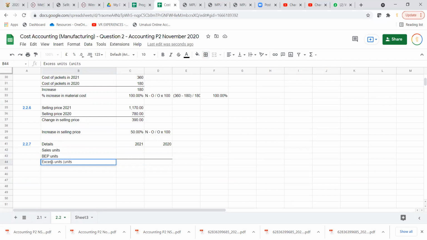So this is basically the units generating the profit. Okay, so here we're going to just say percentage change. So this will help us to answer this question.